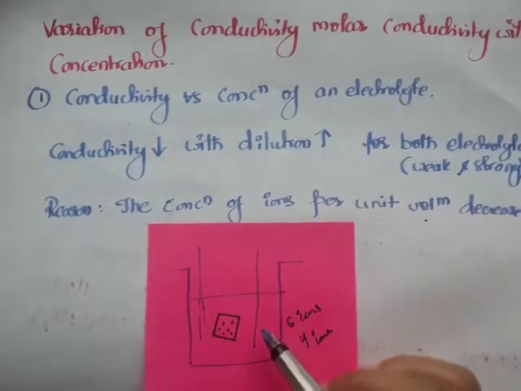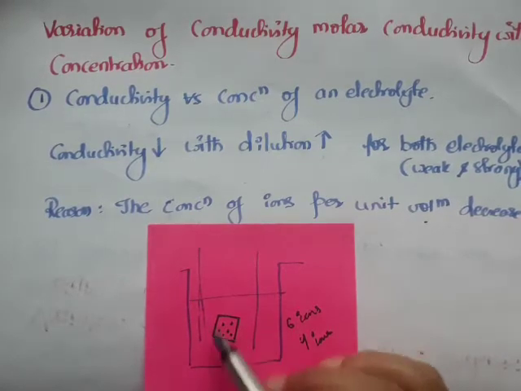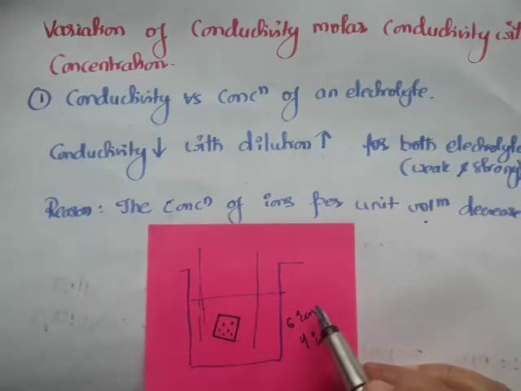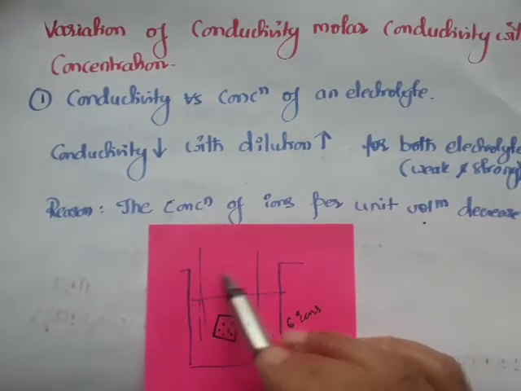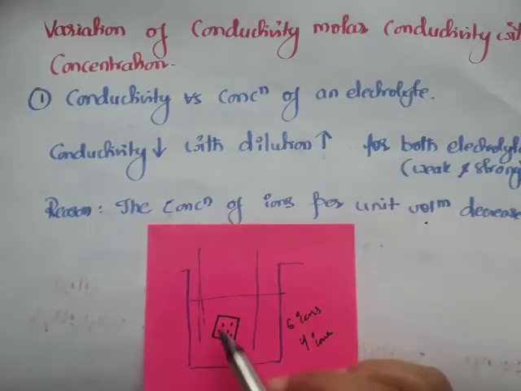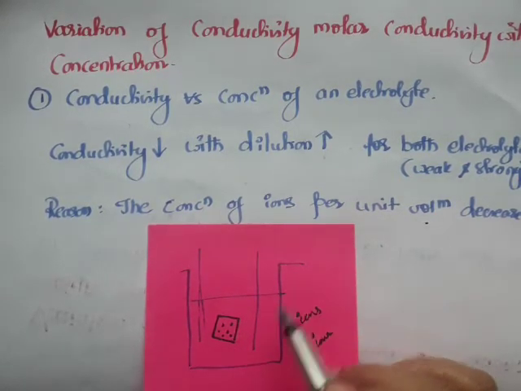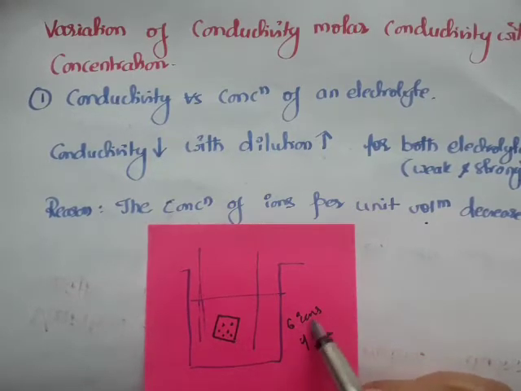Suppose this is your solution and this is your unit volume. Let us say there are 6 ions in the unit volume. When you increase the dilution, the volume will increase, and the ions will move far apart from each other. Let's say before dilution there were 6 ions.